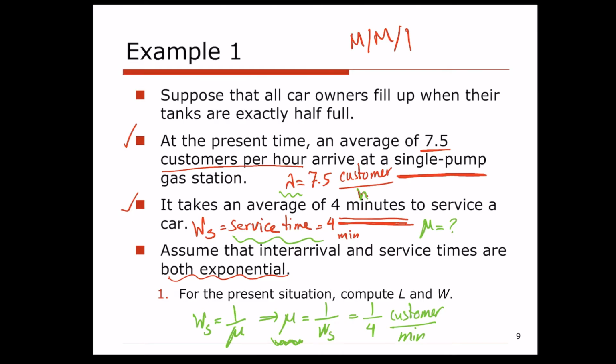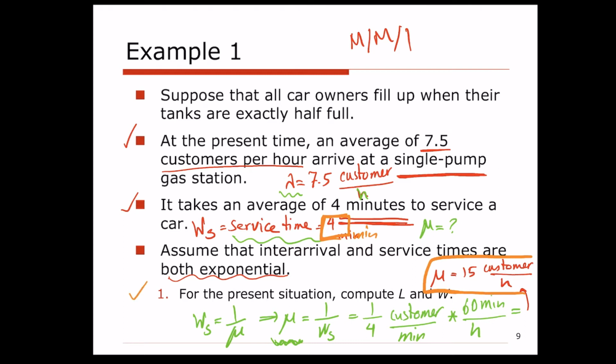If I translate this to customers per hour, I multiply by 60 minutes per hour, and that is 15 customers per hour. Which also makes sense. If it takes 4 minutes to provide service to each customer, then in 1 hour, we can provide service to 15 customers. So the numbers make sense.